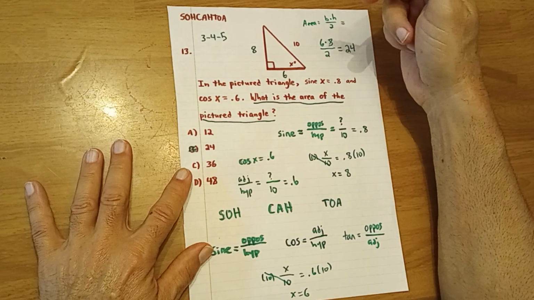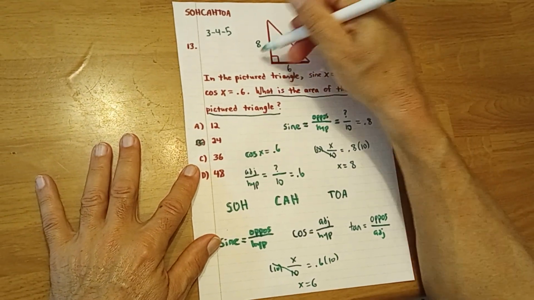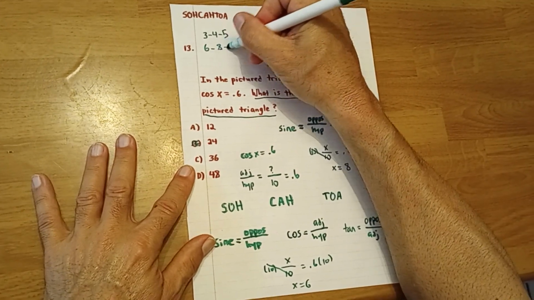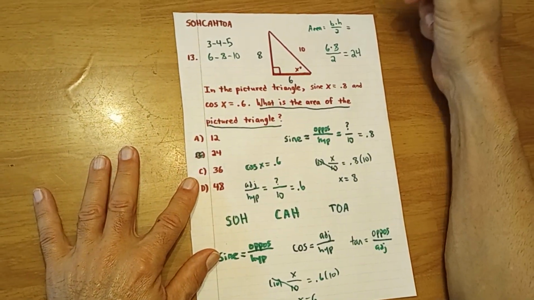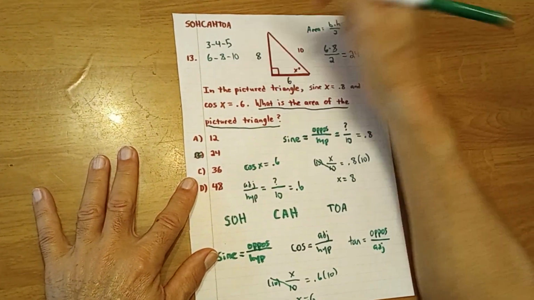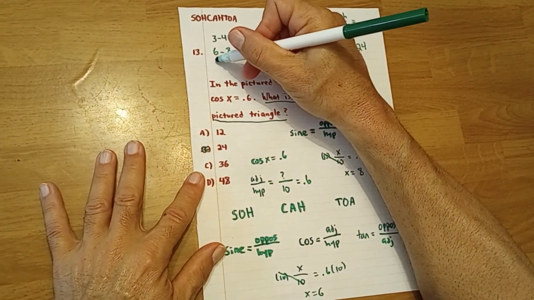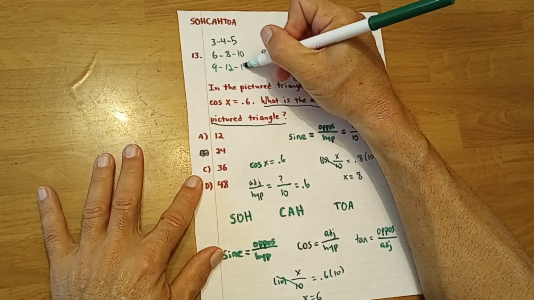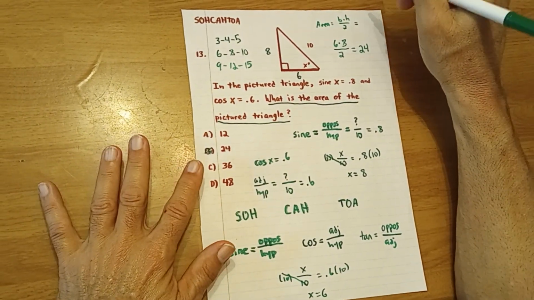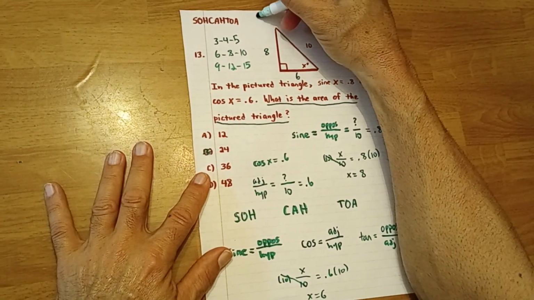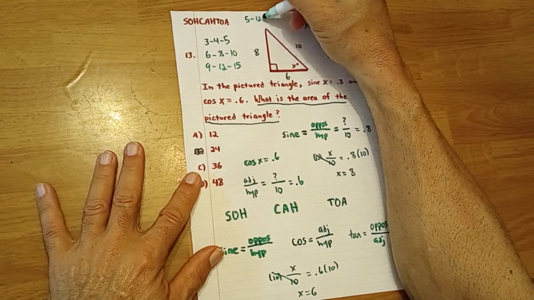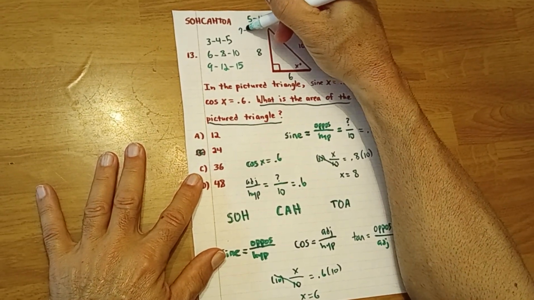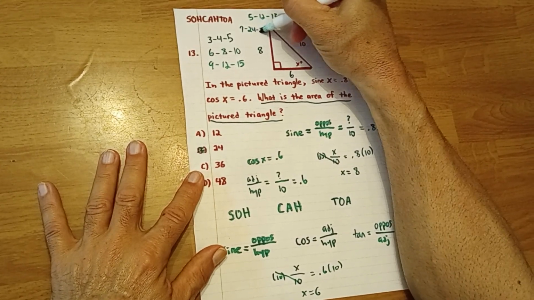We probably notice that that would be exactly 1/2 of what we have here, which is the 6, 8, 10 triangle, right? And then if we multiply 3, 4, 5 by 3, we get another common combination, which is 9, 12, 15. And then the other two very common ones are the 5, 12, 13, and the 7, 24, 25.